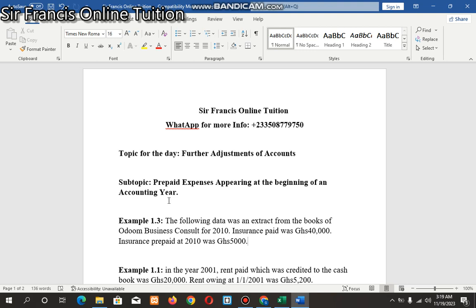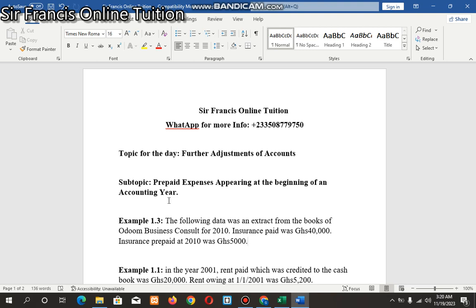So in 2010 we are supposed to pay 10,000 as rent, but we managed to pay 15,000. So that extra 5,000 becomes an expense paid in advance. It has been paid for the coming accounting year, 2011. And because this payment was made in the previous year, when you come to the current year, it will appear in our books at the beginning of the accounting year, which is January 1st, 2011.